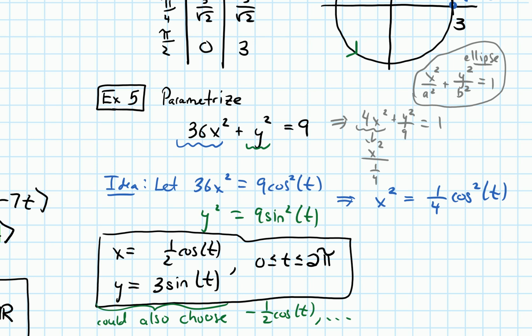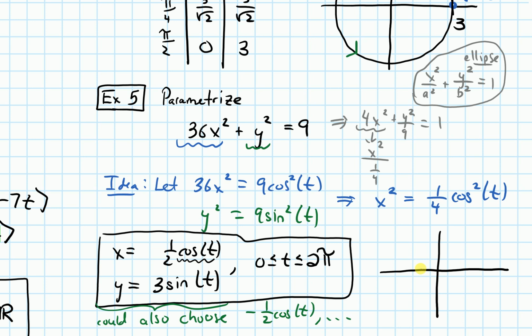So if we needed to graph this ellipse, if we don't remember things like the major axis and the minor axis of an ellipse based off of what a and b are, we can use this parametrized form to quickly get how far across in the x direction it goes and how far across in the y direction it goes. So cosine in general, just on its own, is always between -1 and +1. If we multiply it by 1/2, that's always going to be between -1/2 and +1/2.